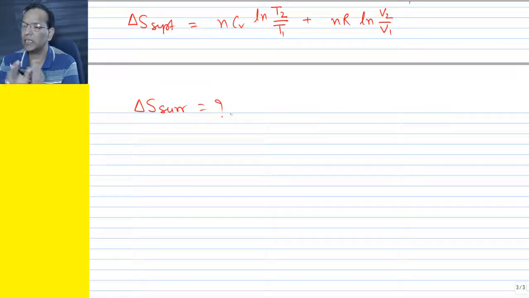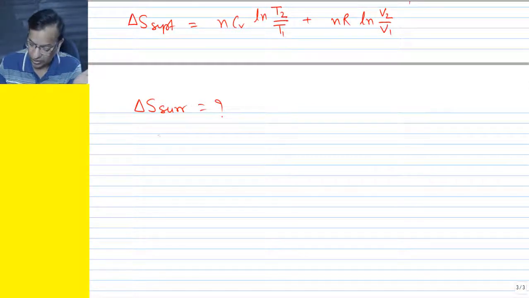Surrounding is infinitely big, and therefore all changes in surrounding occur reversibly. There is no irreversible process in surrounding. Irreversible can be in the system only.